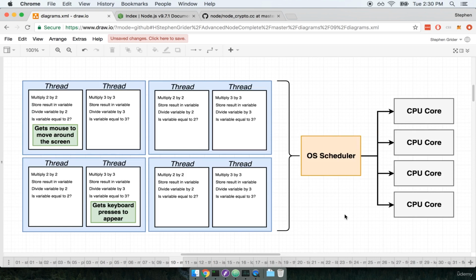So if we have more than one core inside of our CPU, then we can easily process multiple threads at the same time. One thing I want to mention here is that technically one core can process more than one thread at a time through a process called multi-threading, or you may have also heard it referred to as hyper-threading. But for right now, let's just say that more cores means more threads processed at once.